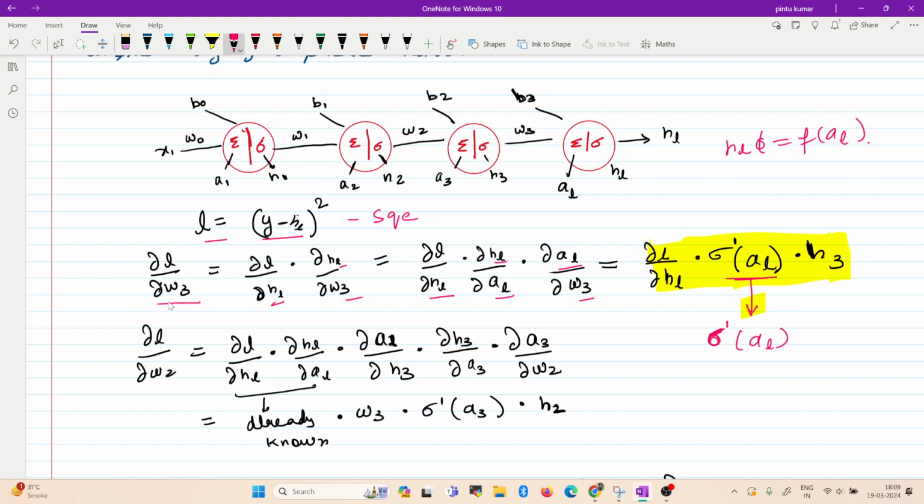When calculating the gradient, we have the derivative of our activation function multiplied with some other terms, and also the output of the activation function.